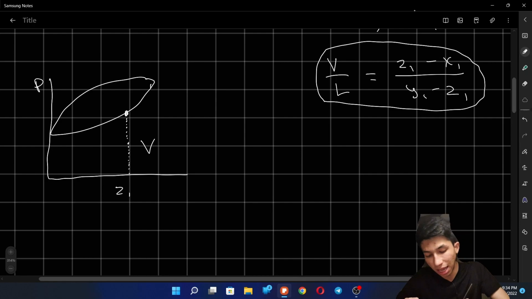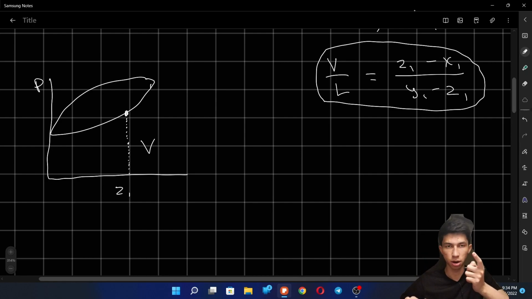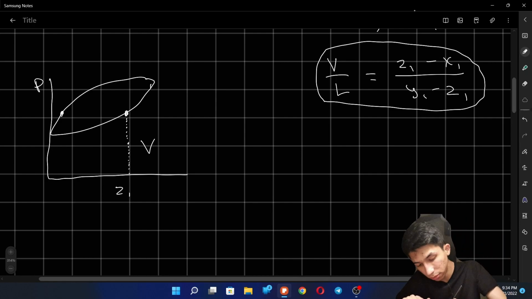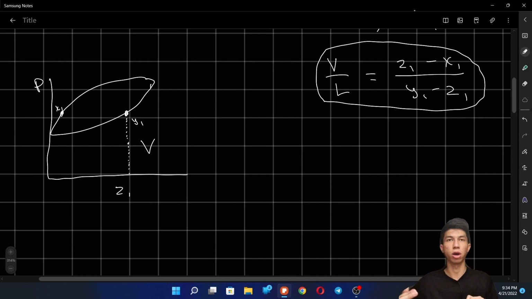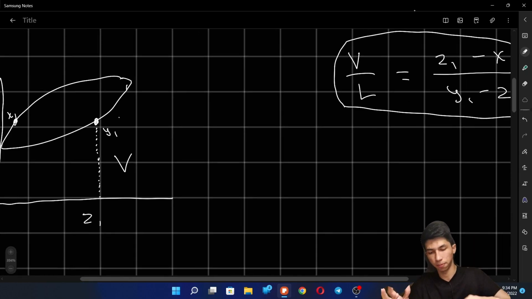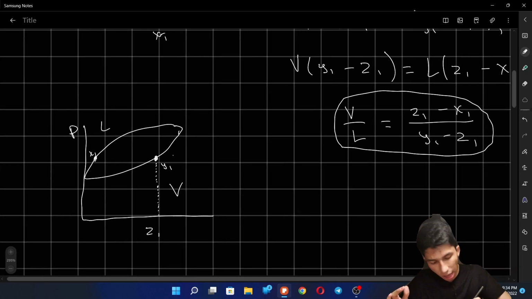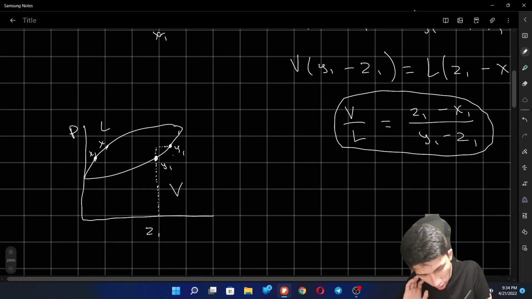And at that specific pressure, it's going to have some amount. So if we say this is going to be y1, this is going to be x1, right? So at the same pressure, it's going to have some amount of compound in liquid state. And as we increase it, it's going to have y1 here and corresponding x1 here.